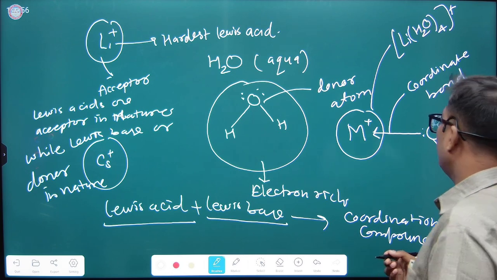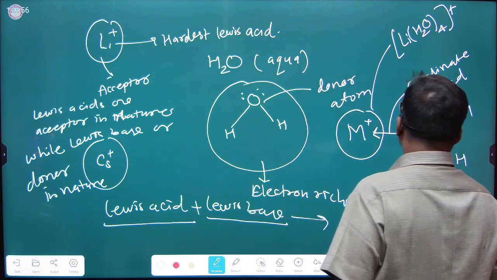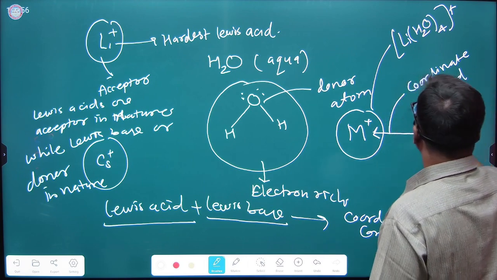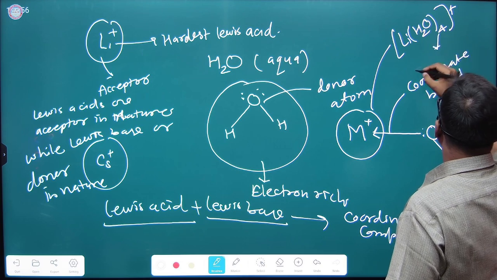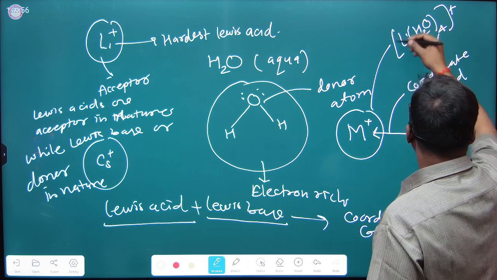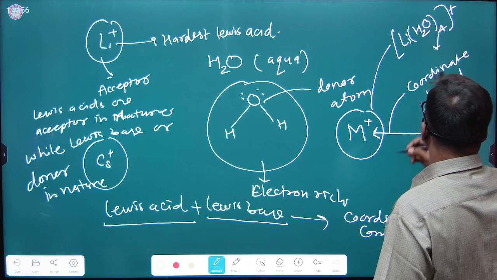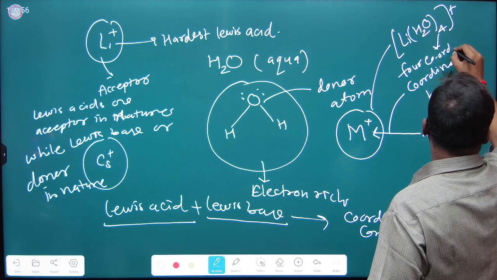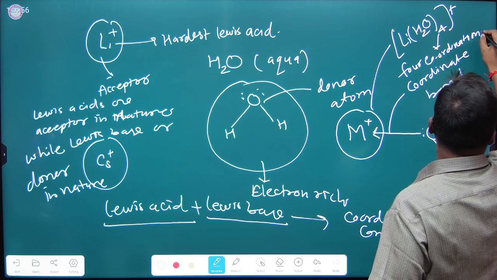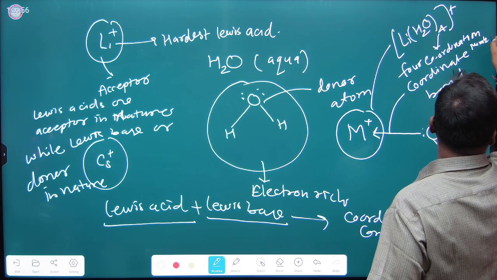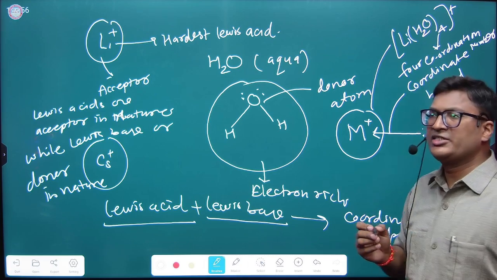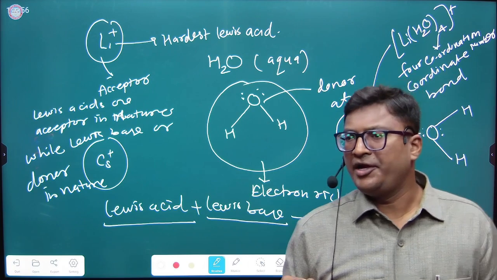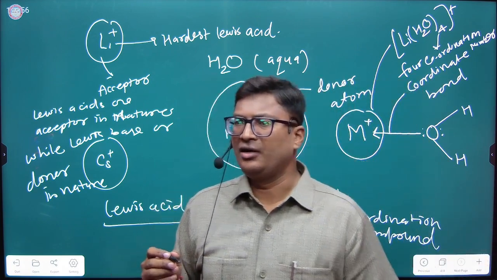So this complex ion has a coordination number of 4, and with coordination number 4, the geometry obtained is tetrahedral.